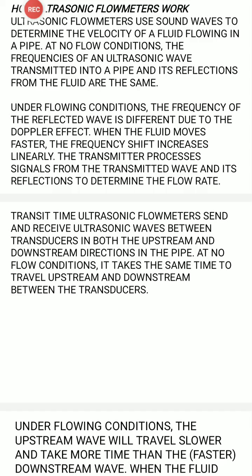So when the fluid moves faster, the frequency shift increases linearly. That means the shift between transmitted and received frequency increases linearly. The transmitter processes signals from the transmitted wave and its reflections to determine the flow rate.